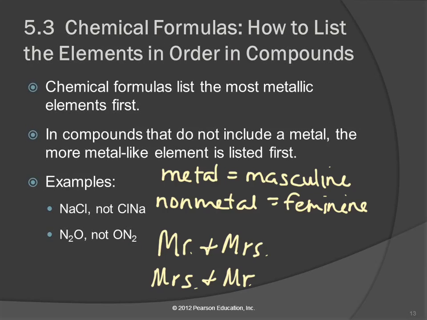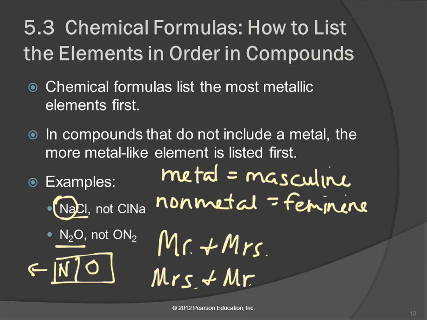So in this example, sodium is the metal, so sodium goes first. In this example, we have nitrogen and oxygen. Neither one of those is a metal. But on the periodic table, nitrogen is to the left of oxygen, and the metals are over on this side. Nitrogen is closer to the metals than oxygen is, and so we're going to list nitrogen first and then oxygen.